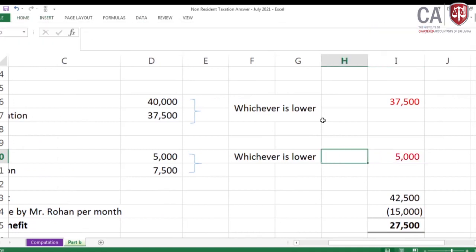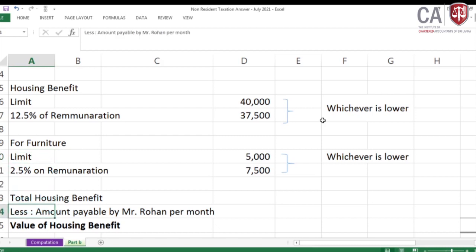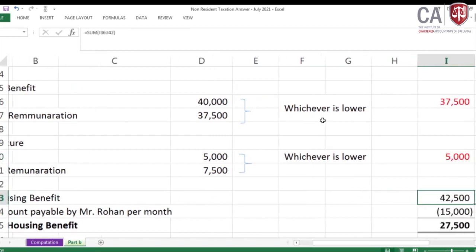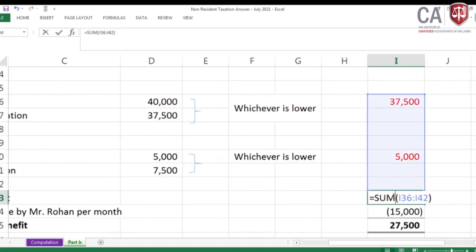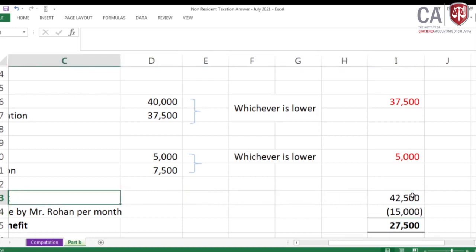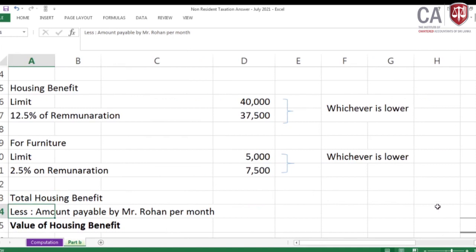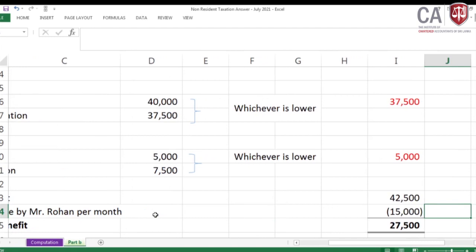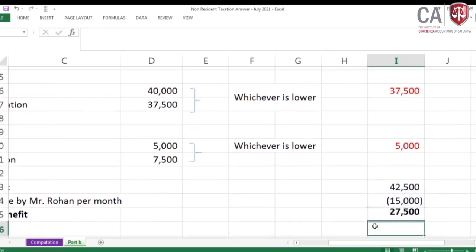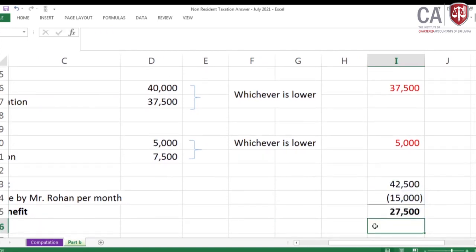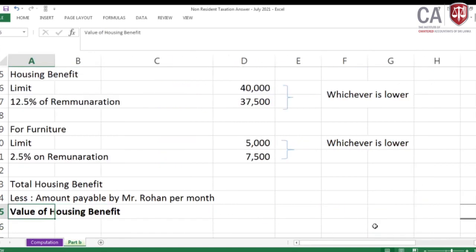Done. Next, the total housing benefit if it is a rent-free residence to Mr. Rohan is the summation of only these two, 42,500. But here the amount payable by Mr. Rohan per month for this house is 15,000. Under the first option we have noticed that it's 15,000. Then the total housing benefit to Mr. Rohan under employment income is 27,500.